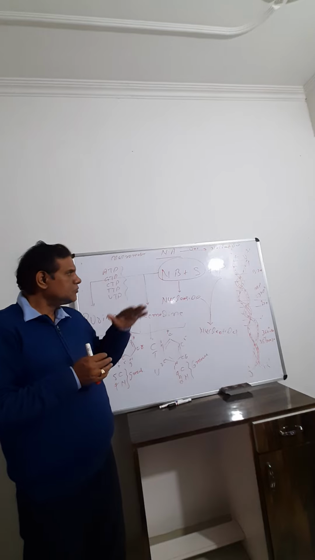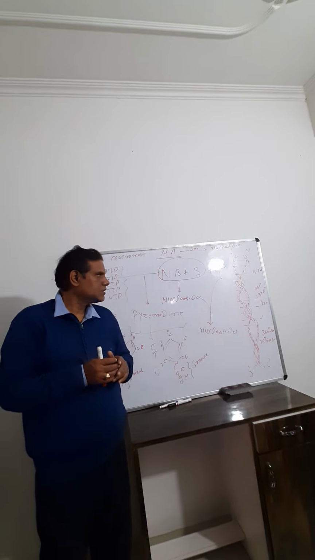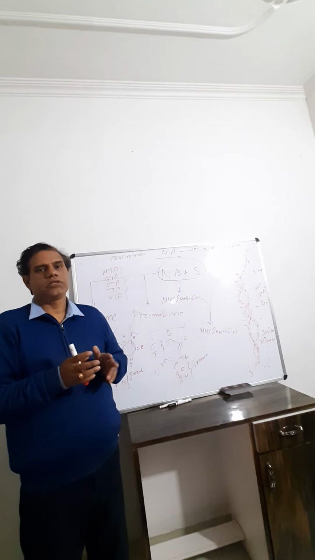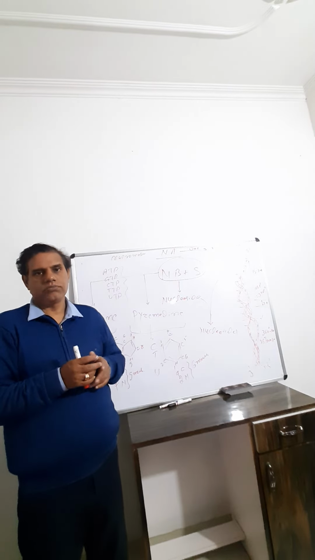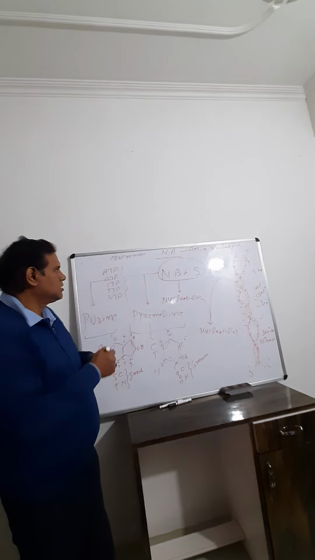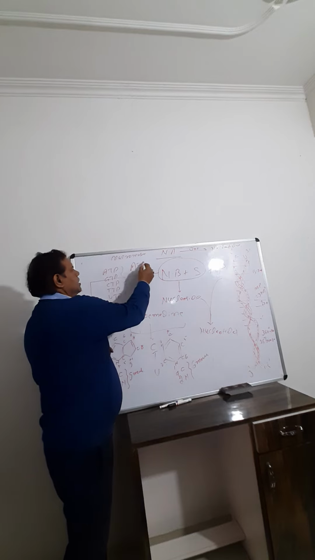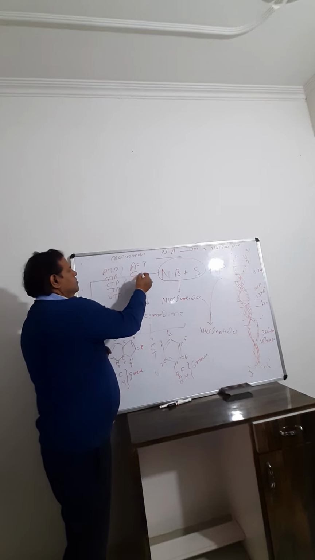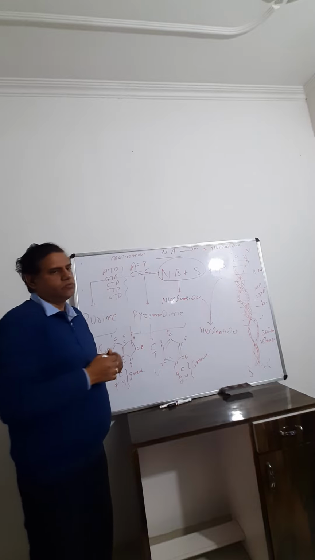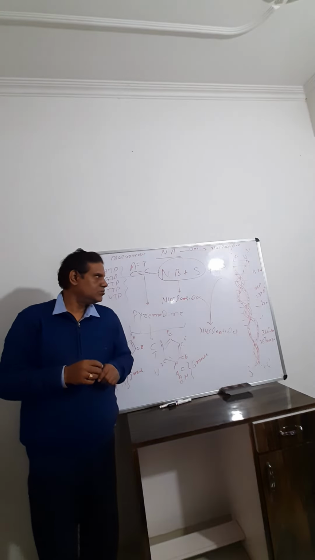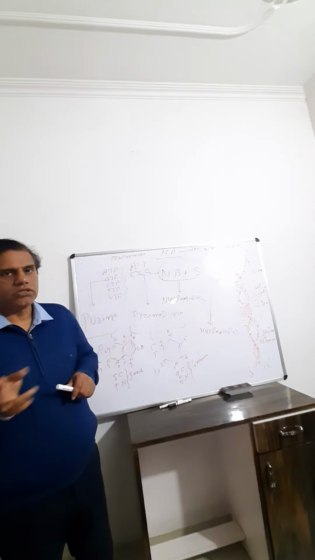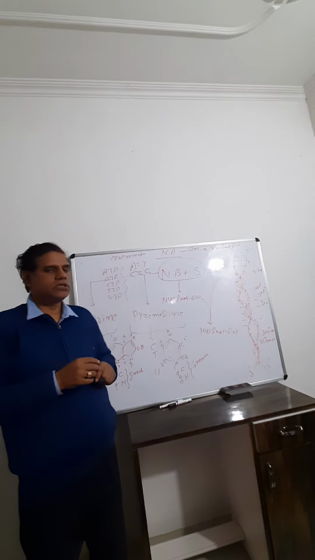And the bonds present in DNA are mainly 3. First is the hydrogen bond between nitrogenous bases, such as A combined with T, that is a double hydrogen bond, and C combined with G, that is a triple hydrogen bond. Second is the glycosidic bond.